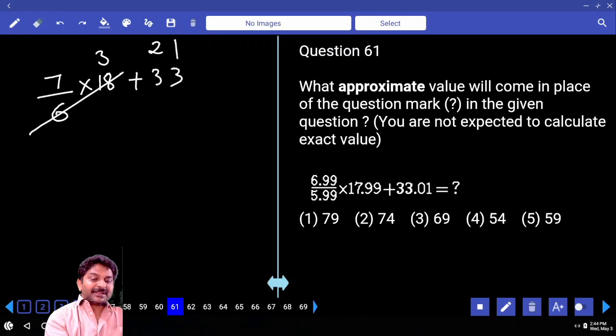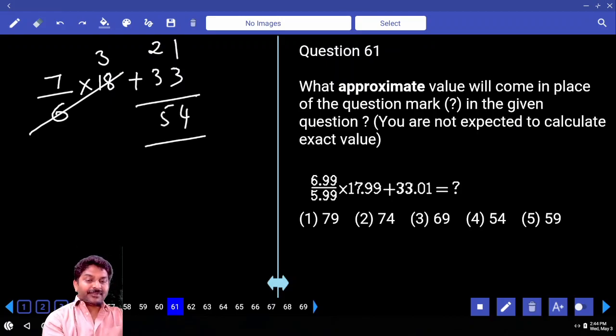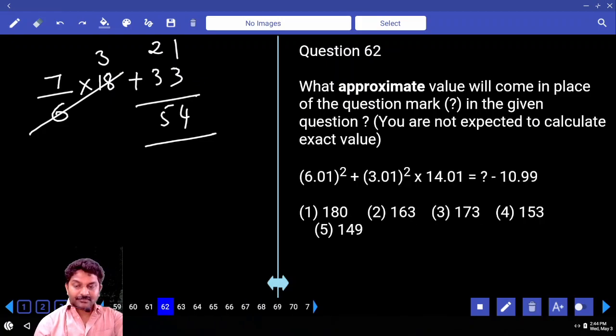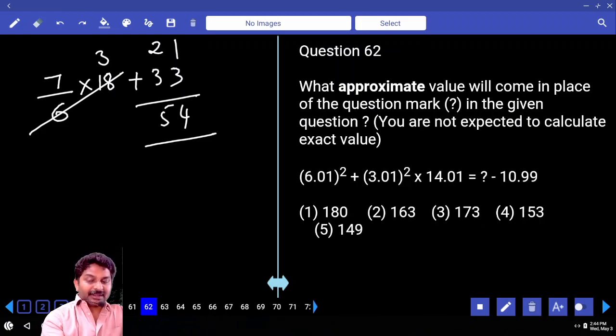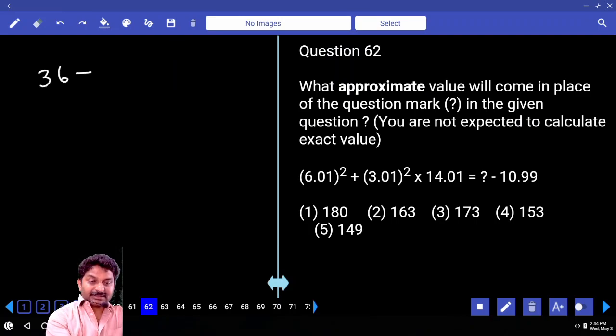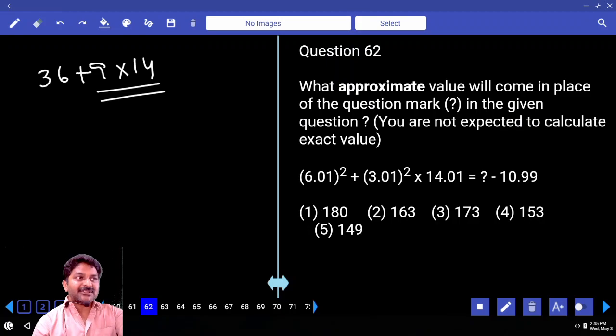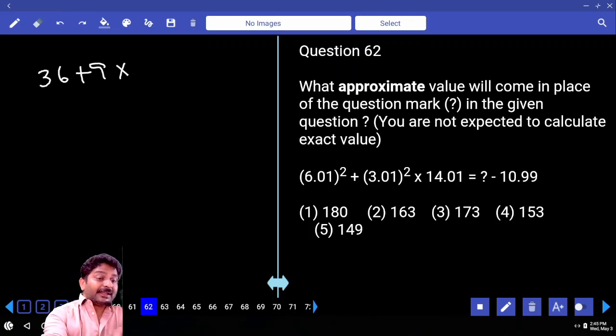So 21 plus 33, 54. Approximation plus into 9, 14 times, 10 times plus minus 1 time only. 10 times 14 is 140 minus 1 time 14, 140 minus 14 is 120.